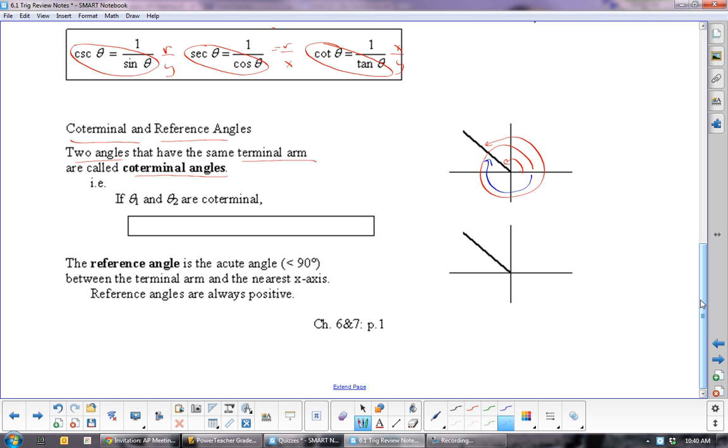And the way we usually do it is the principal angle plus 360n. So we can say angle 2 is angle 1 plus 2 pi n, where n is in the integers. And this is always the principal angle, which is a positive angle less than 360 degrees.